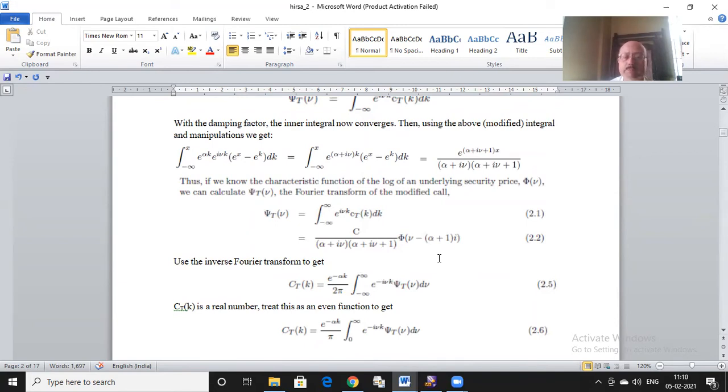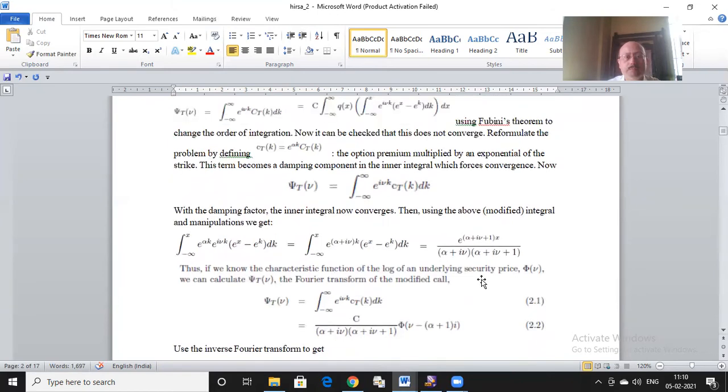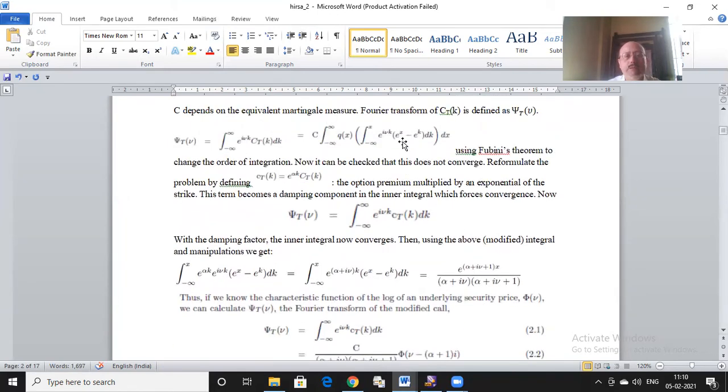Is that okay? I'm just using the normal distribution result here. So I have transformed the inner integral, I have forced convergence, and then I know that this inner part can be shown to be equal to this.